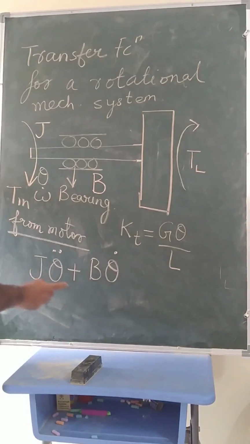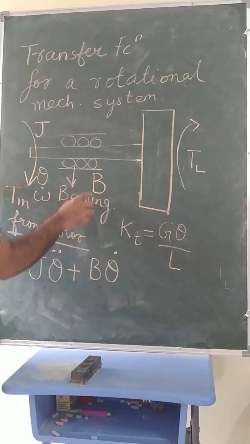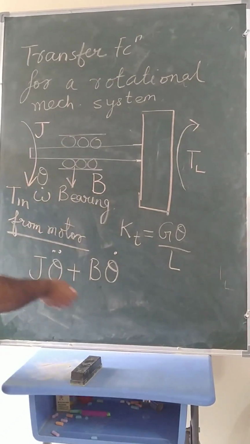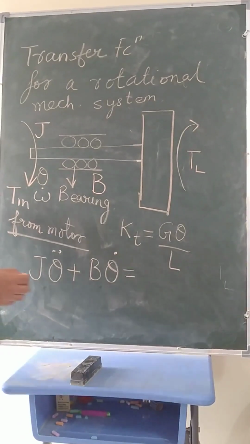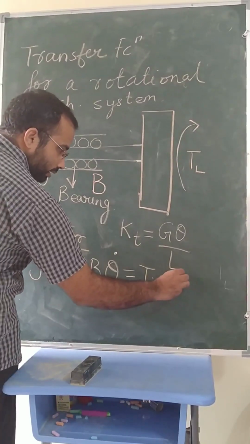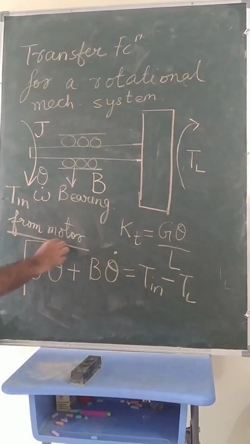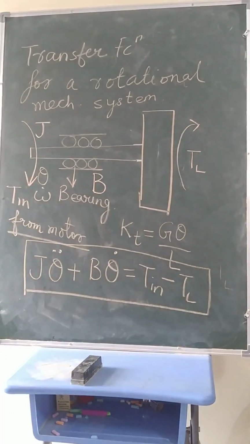This is the angular acceleration. This is the force from damping. B is the damping coefficient, I have already told you. Very unconventional nomenclature. Sorry, the variable used. And this should be equal to the torque into the shaft minus the load torque. This will be the governing equation for the system.